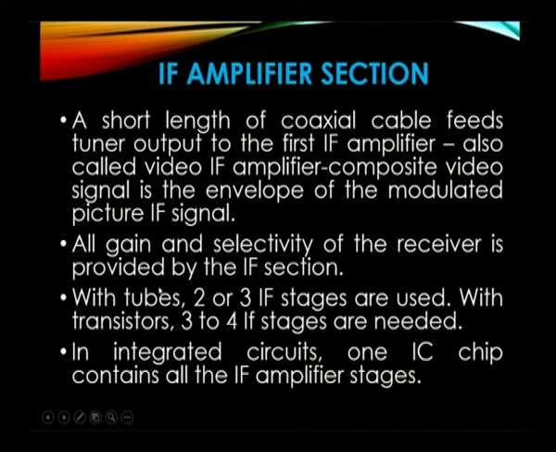By changing the gain, the amplifier function is also changed, and the video amplification will also change. There are many stages, like 2 or 3, or 3 to 4, or 2 to 5 stages, needed for different types of receivers, and integrated circuits are also used in the IF amplifier circuit, where one IC chip contains all the IF amplifier stages.